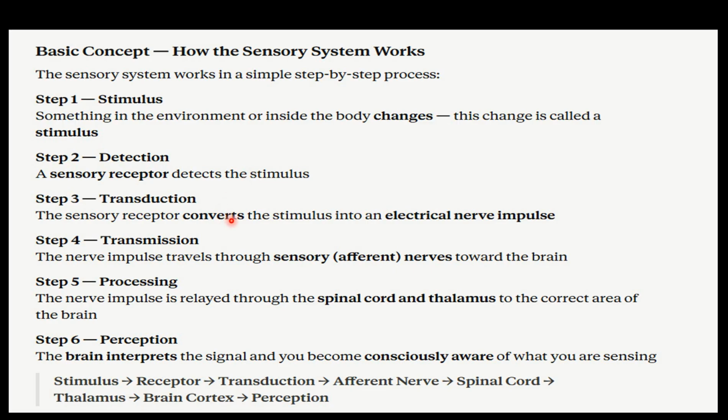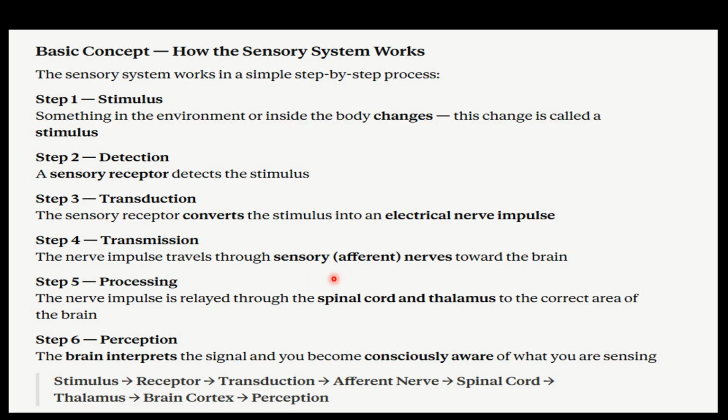Then we have transduction. The sensory receptor converts the stimulus into an electric nerve impulse. Then we have transmission. The nerve impulse travels through the sensory, which is afferent, nerves towards the brain. Step 5 is processing. The nerve impulse is relayed through the spinal cord and thalamus to the correct area of the brain.